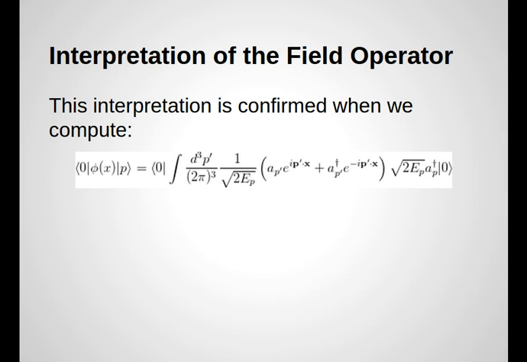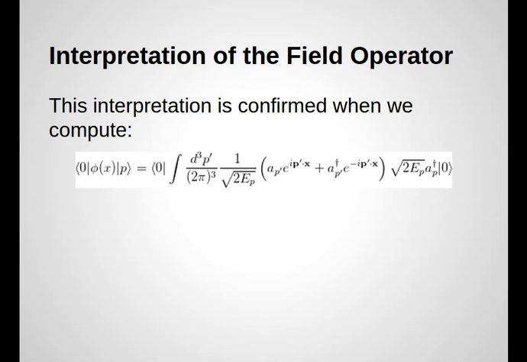So think about it in terms of non-relativistic quantum mechanics. That operator should produce a particle at position x, and then the overlap between x and p in quantum mechanics is what? This is the plane wave, right? So let's see what happens. So let's do that, okay?